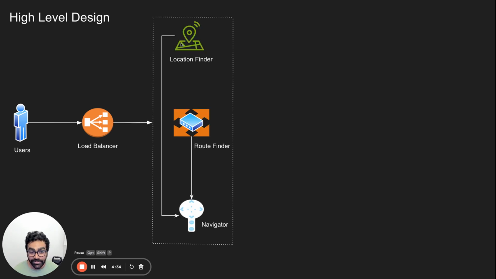We have three services we already discussed in our requirements section: location finder, route finder, and navigator. Once we get the lat and long of the user, we send that to the route finder service, and the route finder service forwards those lat and long to the area search service.